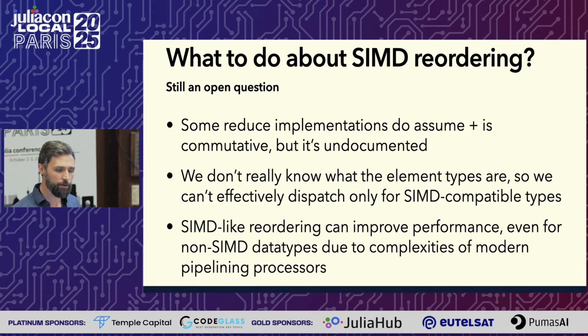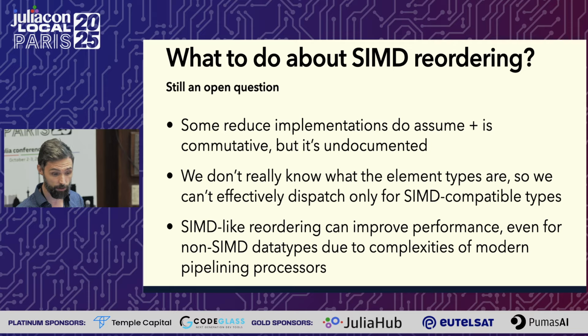The one interesting point here, though, is that doing this reordering can improve performance even when the processor doesn't actually use a SIMD intrinsic. This is precisely because of the complexities of crazy modern pipelining processors. By reducing the chain of the pipeline, you can actually get much better performance. So I don't know what to do about this. It would be interesting to play around with it.